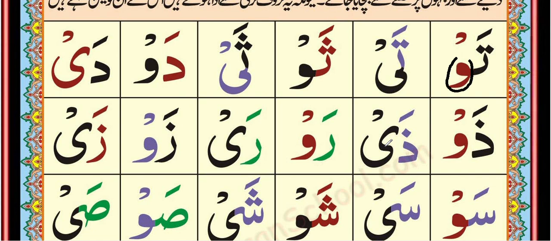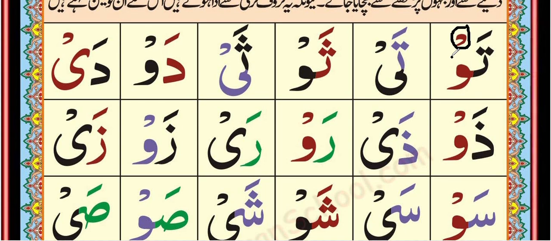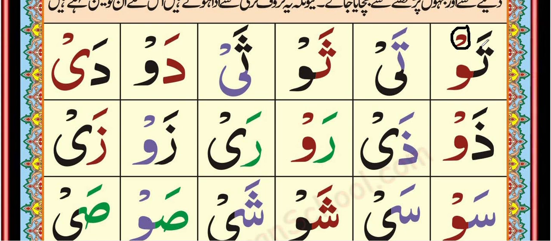Not every waw and every ya is Leen, but there is one condition when they become Leen. When the waw has sakin, this sign is called sakin, or jazm, and the previous letter has fatha, that will be Leen.